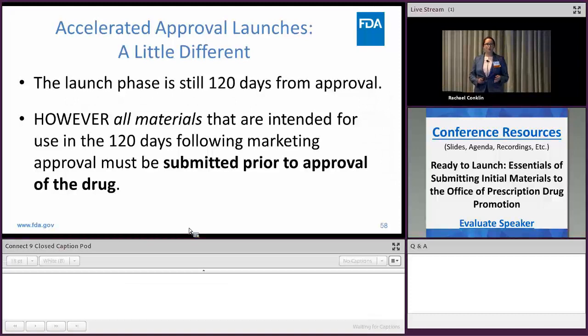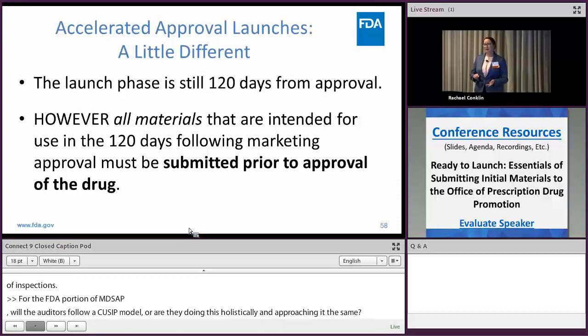Even though full approval products represent, there are far more of them, so we have more full approval launches, I would say that the majority of questions that I get are based on accelerated approval launches or accelerated approval products. It's just different. If you haven't dealt with an accelerated approval product before and are now trying to submit to OPDP, or you haven't dealt with it in a while, or maybe there's kind of a weird issue that arises during the review process, just reach out to your OPDP reviewer.